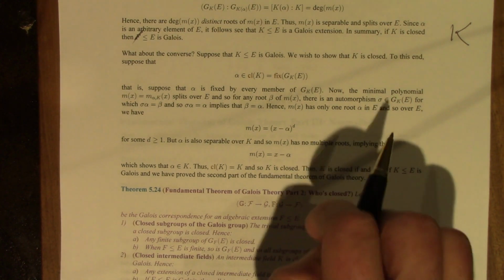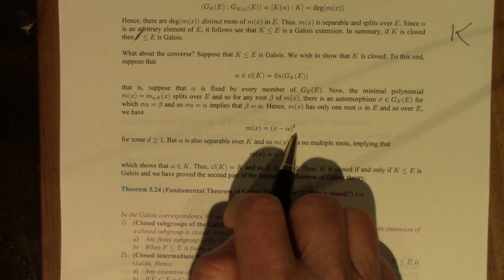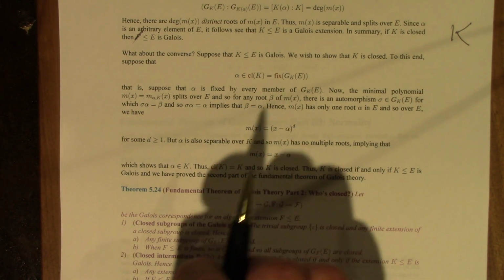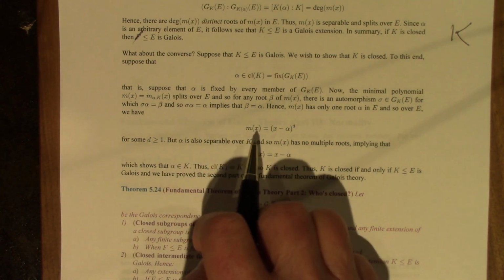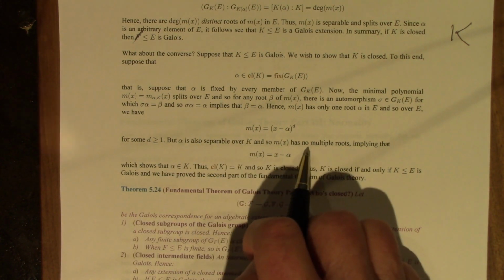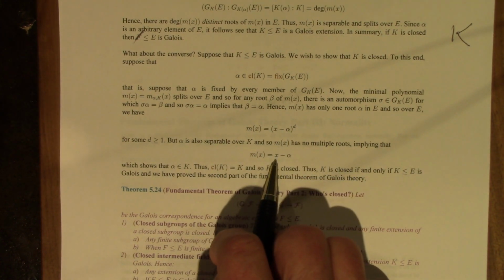And so over E, the minimal polynomial looks like this. But alpha is also separable over K, so its minimal polynomial has no multiple roots, therefore D is equal to 1. This is what the minimal polynomial looks like.